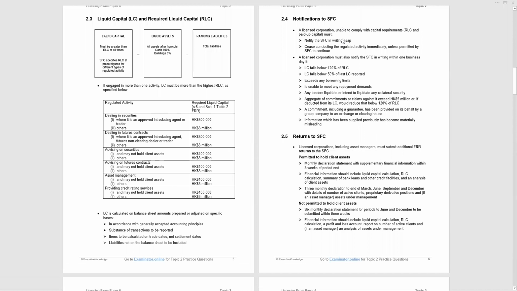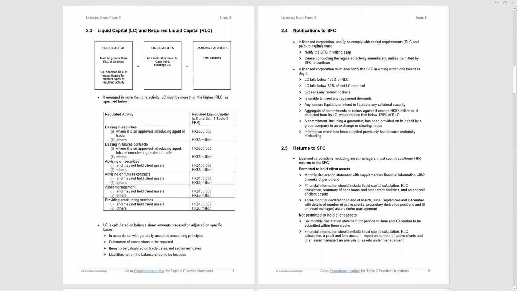The next requirement is with regard to liquid capital. Your liquid capital, which is liquid assets minus ranking liabilities, must be greater than required liquid capital at all times. If it's not greater than required liquid capital, then that's when you must once again inform the SFC as soon as practicable and cease trading.